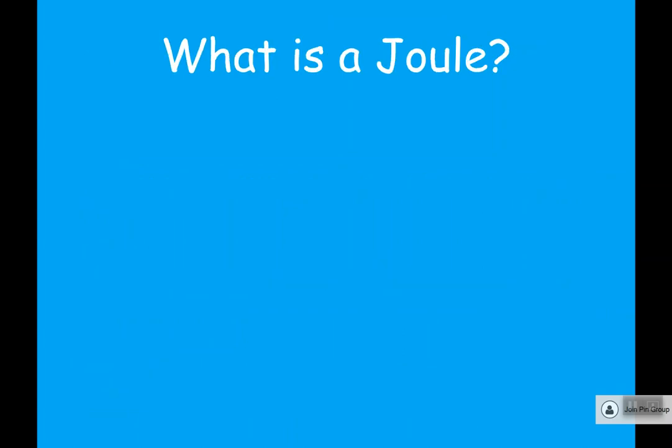Now, comes to this question. This is a little thing that's on the specification that some people gloss over. What is a joule? Well, this is where we use the equation that we had earlier. Work done is force times distance. Work done is measured in joules because it's just energy transferred. So if I had 1 joule of energy transferred, what force would I need to do it?